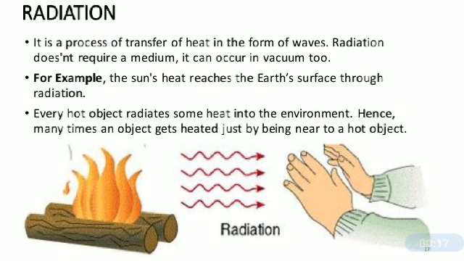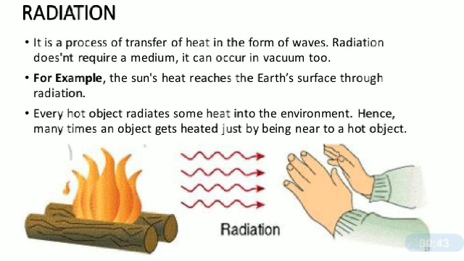What is radiation? So first, radiation is a process of transfer of heat in the form of waves. Radiation doesn't require a medium, it can occur in vacuum too. For example, the sun's heat reaches the earth's surface through radiation. Every hot object radiates some heat into the environment.